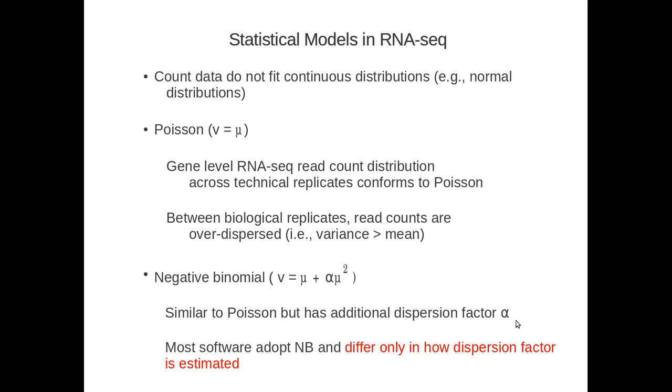This dispersion factor alpha really is the thing that differs between the different packages. All of the different statistical methods now, or the majority of them in any event, use this negative binomial, and they differ really in how they go about estimating this factor alpha.